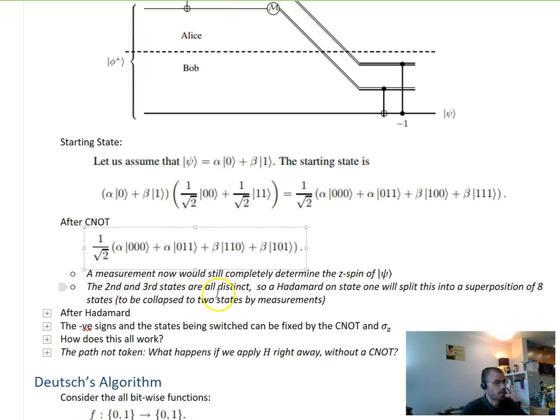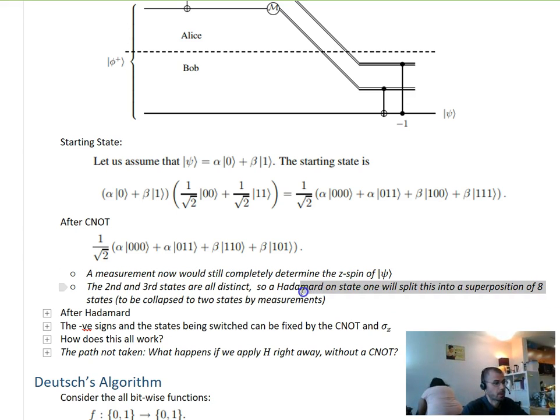Now the second and third qubits, they're all distinct, right? 0, 0 for the second and third, 1, 1, 1, 0, 0, 1. Those are all distinct, which means now if we do a Hadamard on the first bit, this state won't somehow get mixed up with any of the others because the second 2 qubits make it distinct.